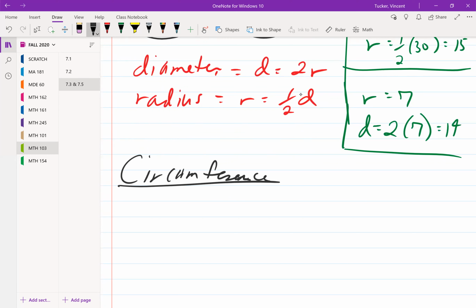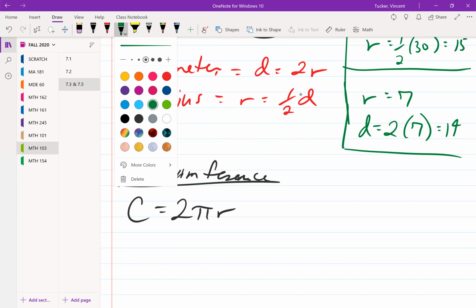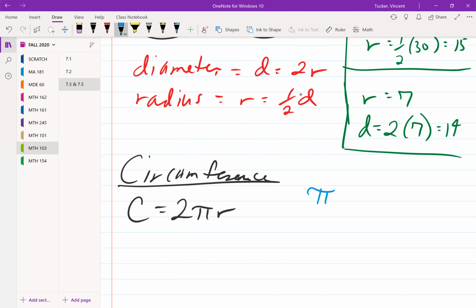So if you want to know how far it is around the circle, you'll calculate the circumference, and that is 2 pi r, where the approximation for pi is 3.14. Pi is a run-on decimal, goes on to infinity. So the approximation that we will use is 3.14.